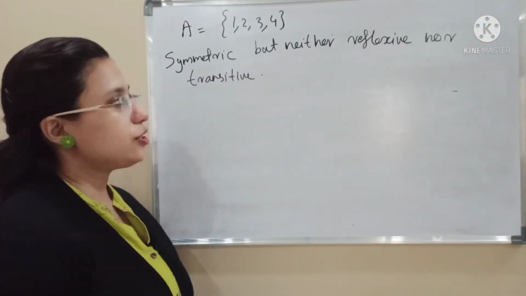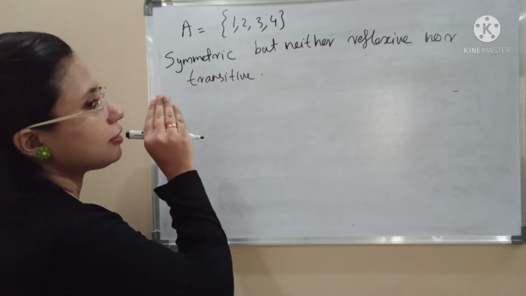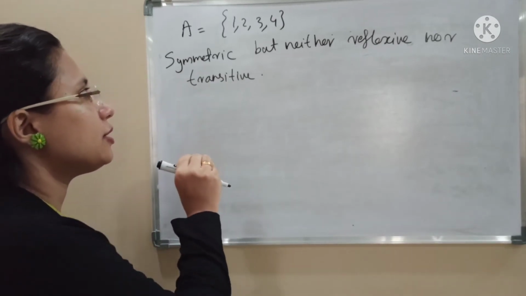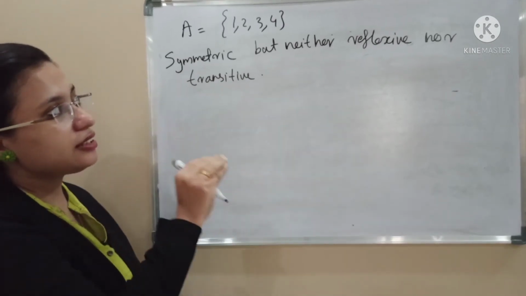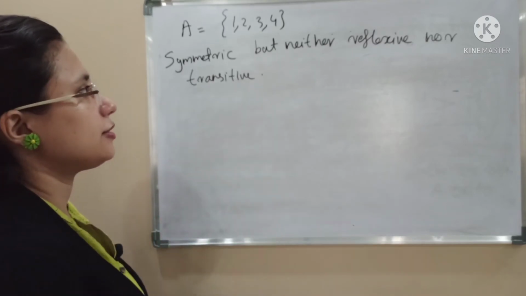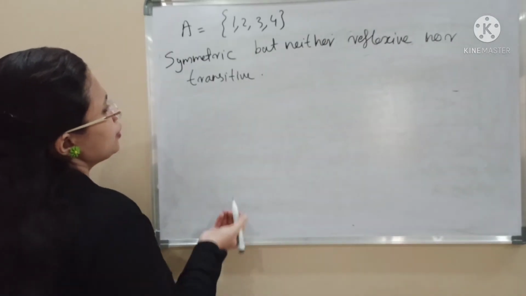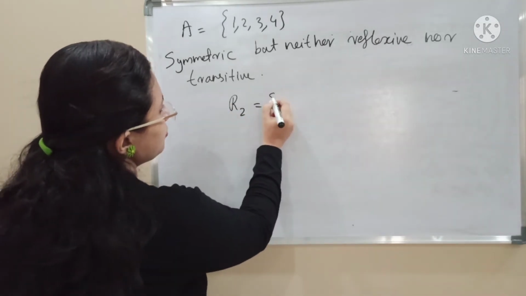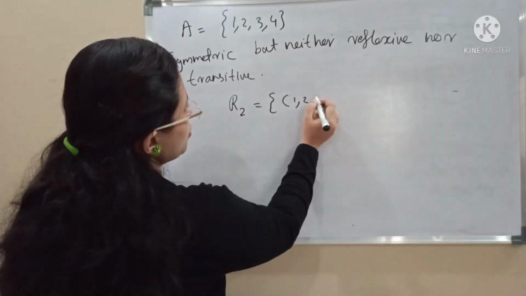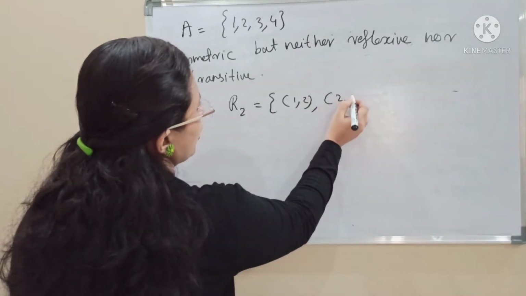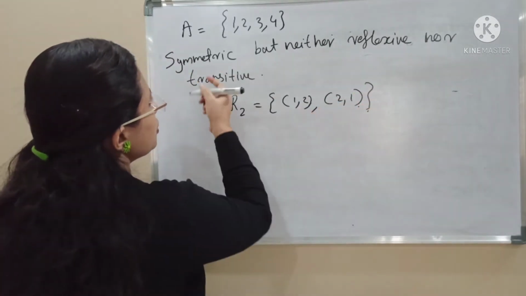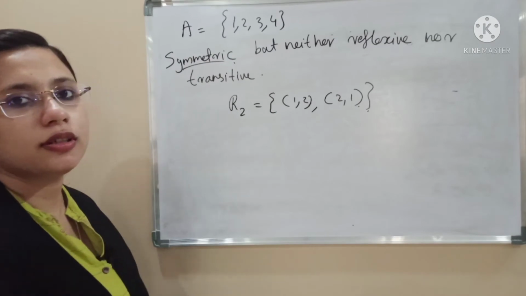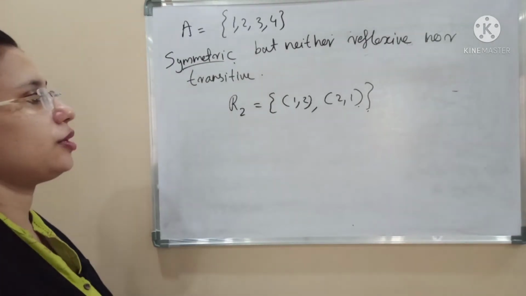Now we'll prove the next condition. Our next condition is that the relation we obtain will be symmetric but neither reflexive nor transitive. So we can just make a simple relation, (1,2), (2,1), because we just want to prove the symmetric condition, right?